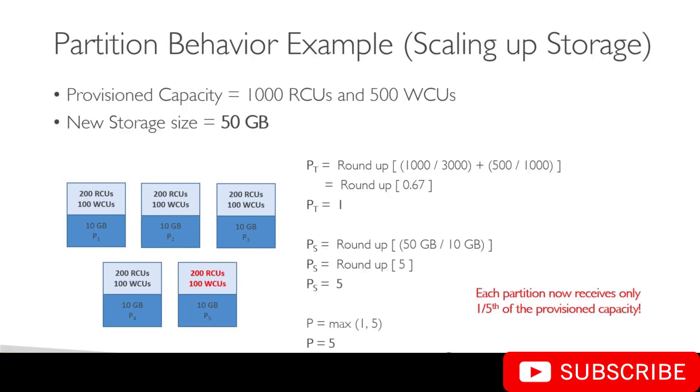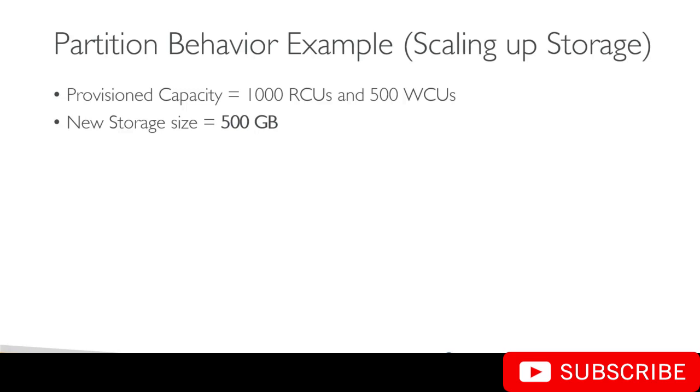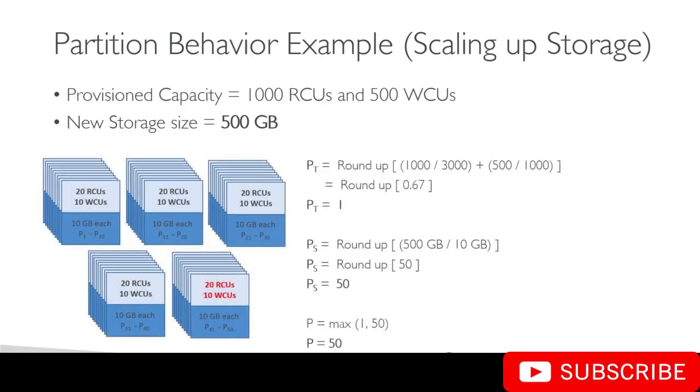Again, if we now increase the storage size to 500 GB, that's going to result in a massive increase in the number of partitions. You're going to need about 50 partitions, and now each partition is going to receive just about 20 RCUs and 10 WCUs.